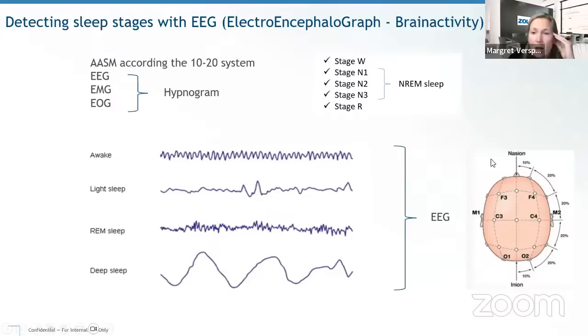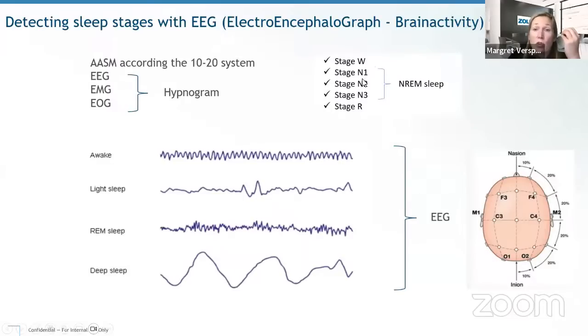From these electrodes, we measure brain activity, and brain activity is different in all the sleep stages. When a patient is awake, we have fast brain activity, and especially when the patient closes their eyes, we see the alpha rhythm on the occipital region. So we can detect if the patient is awake or has closed their eyes.